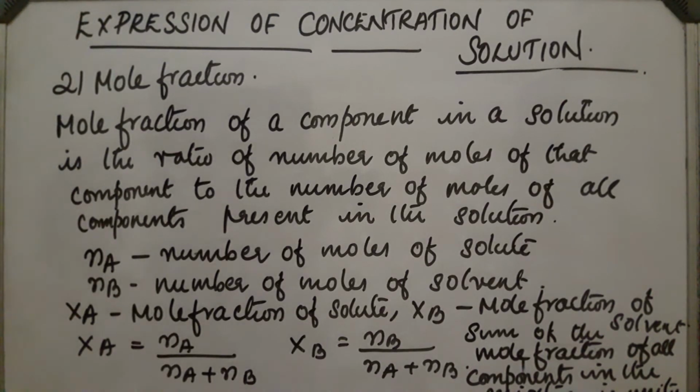That is, if XA and XB are the mole fractions, then XA plus XB will be equal to 1. If there are more than two components, the sum of the mole fractions of all the components will be equal to unity.